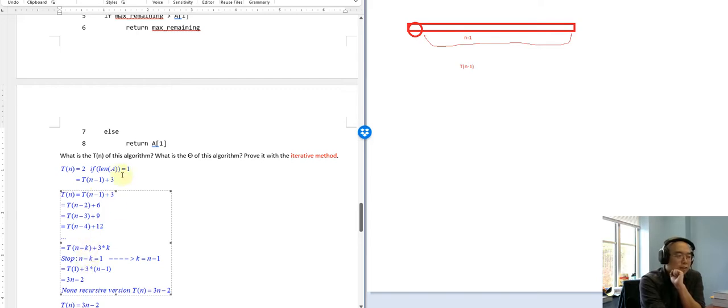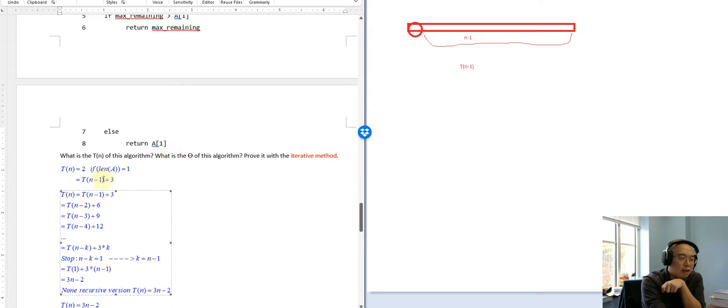The end is when the problem size is 1, so n minus k gives you 1. This problem is small enough, you can't reduce it again. That's the base case, and this will give you k equals n-1. And when we substitute k with n-1 here, this will give me T1 plus 3(n-1).